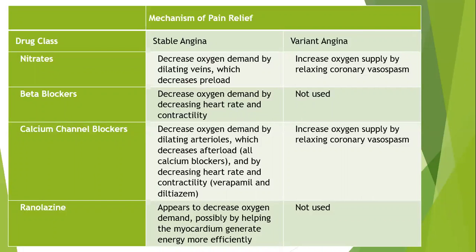So here is just a table that illustrates the different types of drugs that are used for the management of stable and variant angina. So just comparing those two. In stable angina, as you know, nitrates are used. They decrease oxygen demand by dilating the veins, which decreases preload, so the heart's not working as hard.